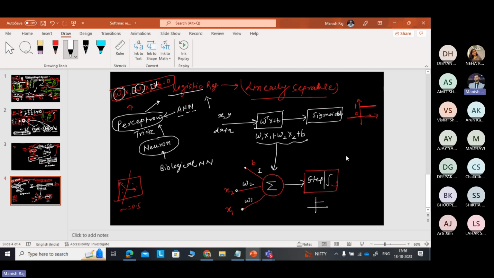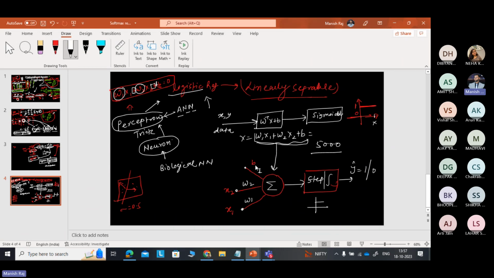So what is the value of this equation? Here the answer 50,000 has come. If you are putting it in the sigmoid function, what is the answer? If I say x is equal to 50,000, what should be the answer? The output will be 1 or 0. So what is happening?